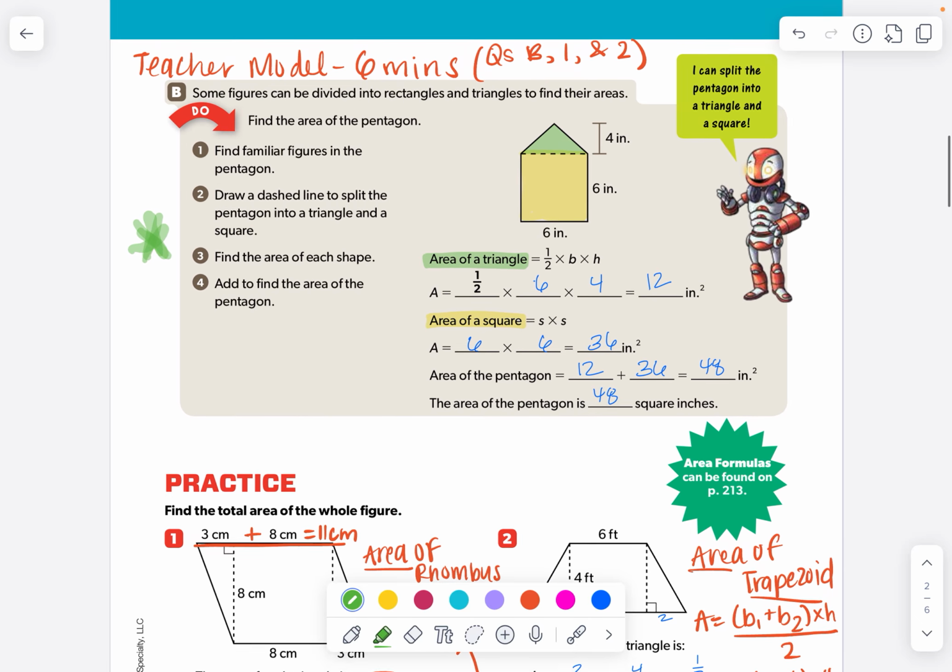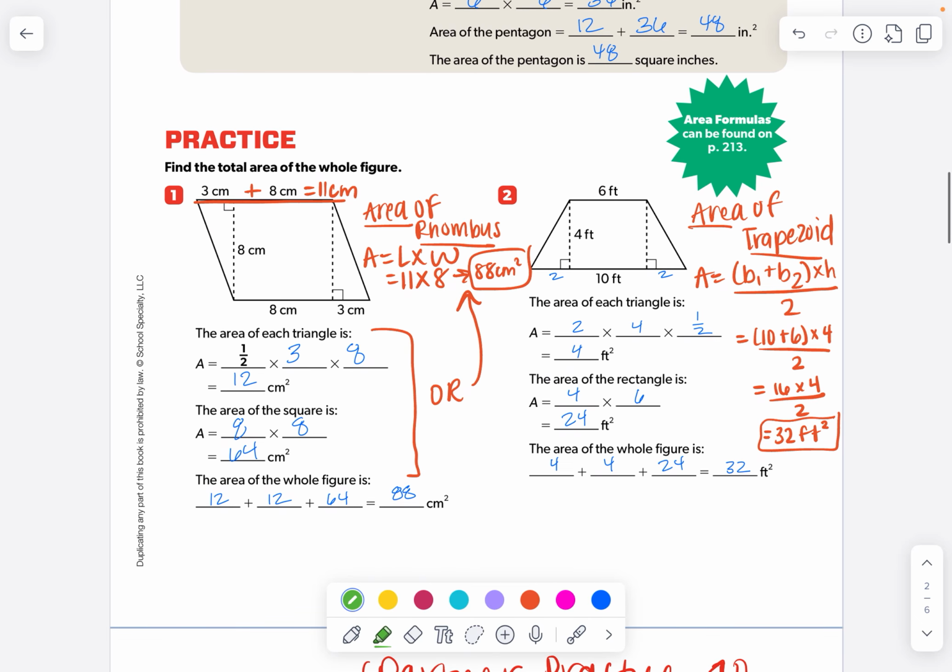So from there, you are going to also model question 1 and 2, just to show students and remind them of the different formulas. One is the area of a rhombus, and then the other one is the area of a trapezoid.